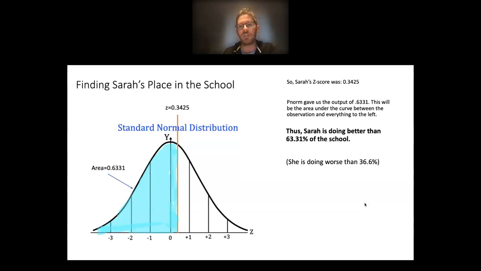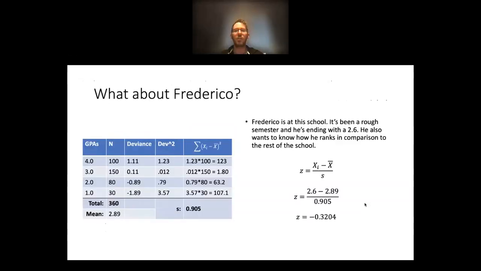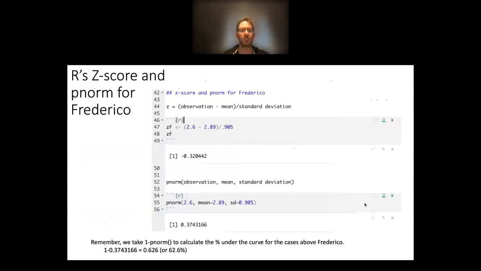So let's do another example. Federico has had a rough semester and he ended with a GPA of about 2.6, and he also wants to know how he ranks. So here you can calculate the z-score again, and using pnorm, I have on top an example of just putting in the equation for the z-score. And then we can see that pnorm uses the same information for calculating the z-score.